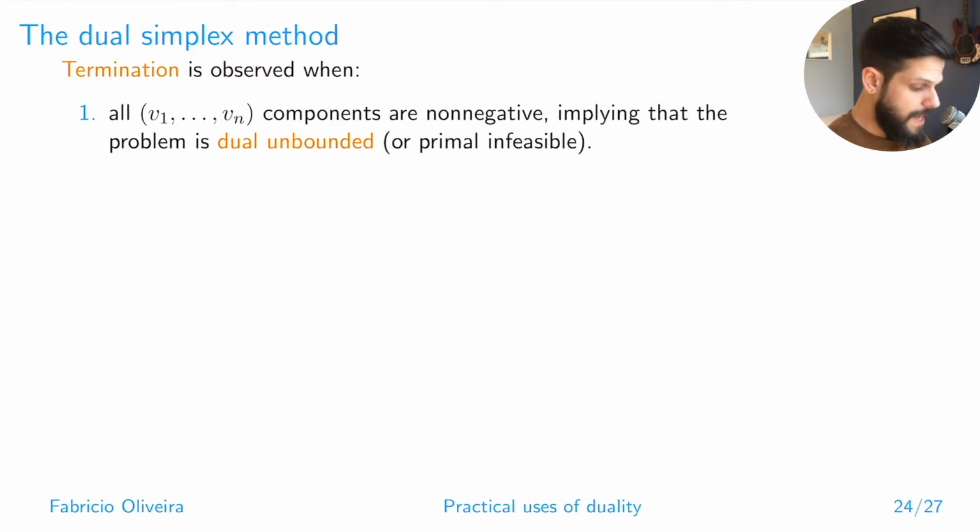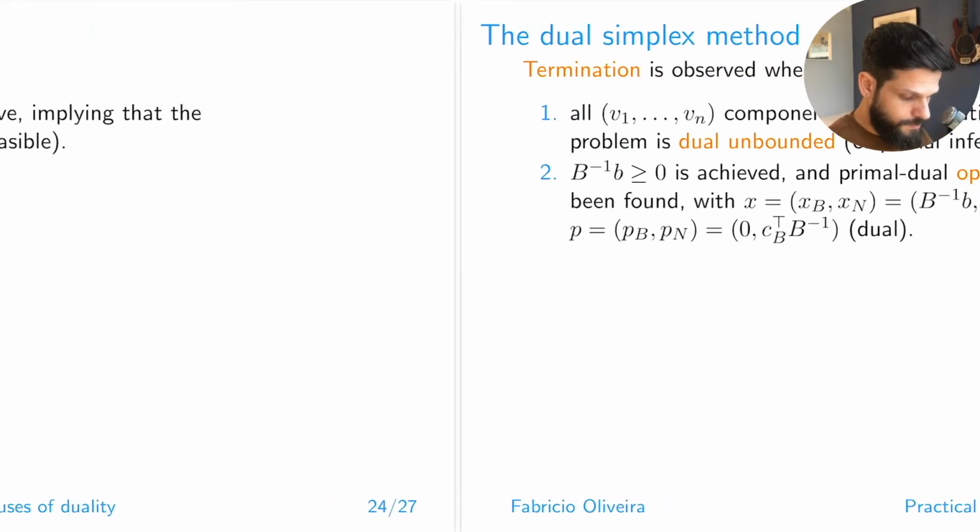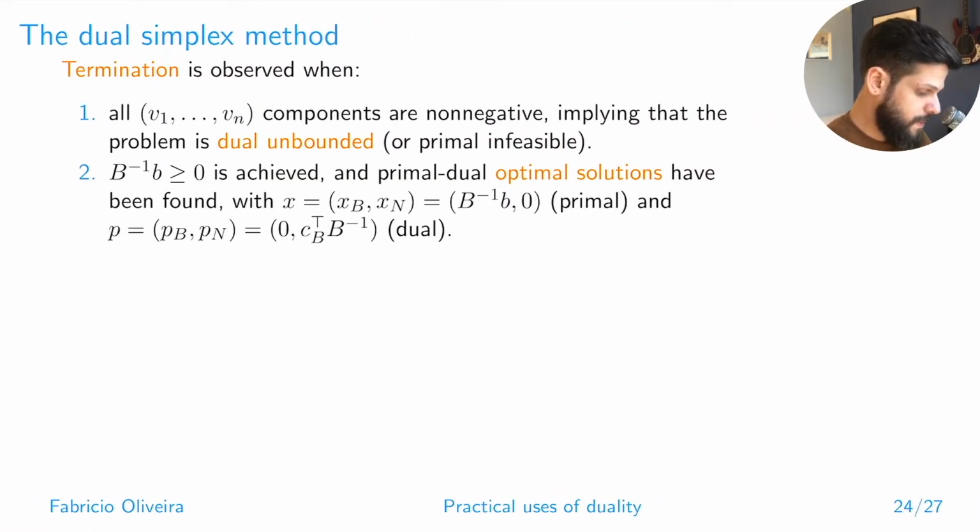You stop either when all the components of that row associated with the infeasible basic variable are not negative, and that basically tells you that your dual is unbounded. And we saw earlier, in an early video, that an unbounded dual means an infeasible primal. We even proved that. Or it might be that all your basic variables are primal feasible.